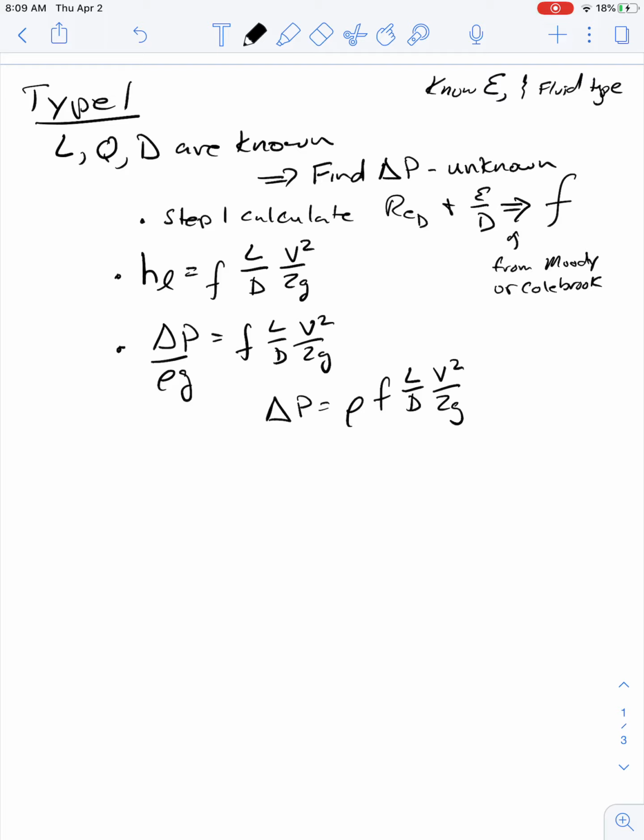Or the other way that we could write this is also going to be equal to H, our head loss, times rho G, because this is equal to the head loss that we have here. So same idea. These are the basic equations, and it's straightforward. There's no iteration required. And that's what we did for the example in the previous lecture.